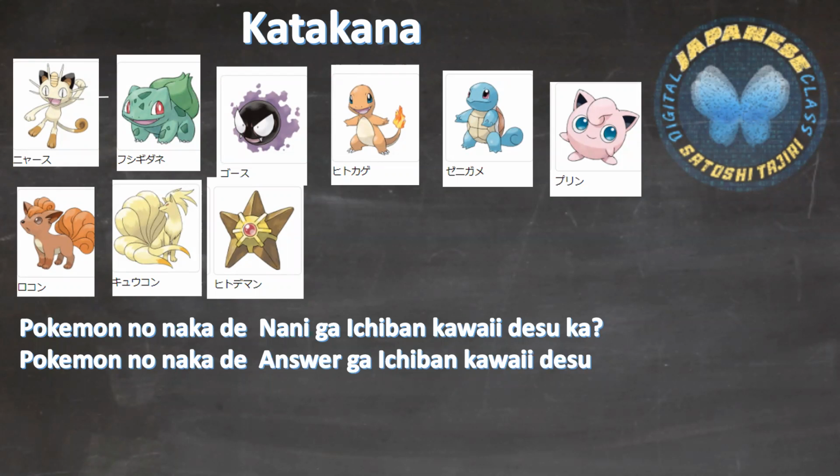Okay, kawaii desu, right? How about if I want to say the second one? Instead of ichiban, I will now use niban. Pokemon no naka de nani ga niban kawaii desu ka? Who is the second cutest among them?